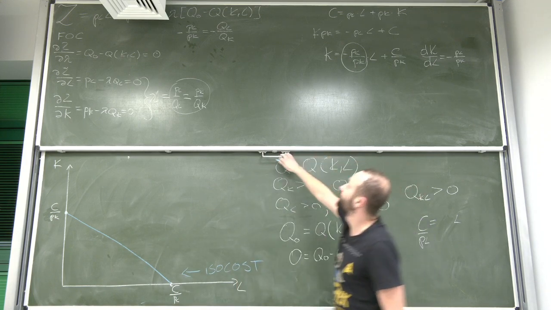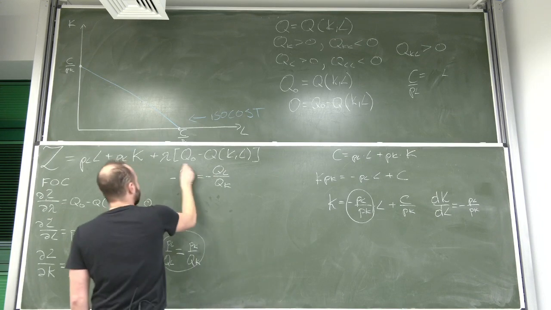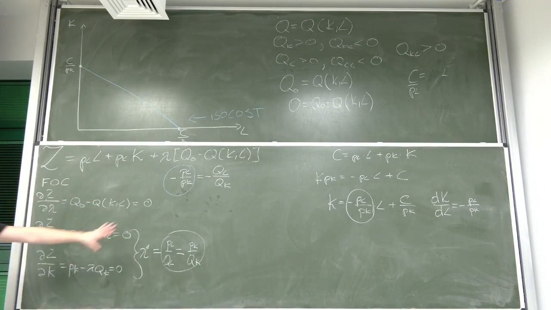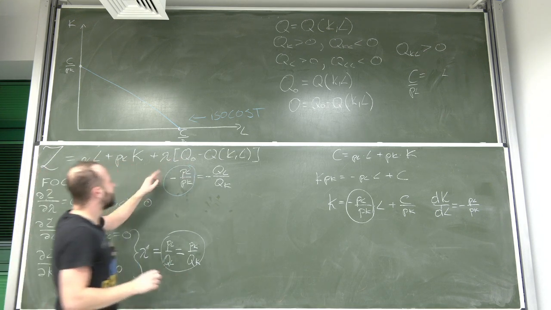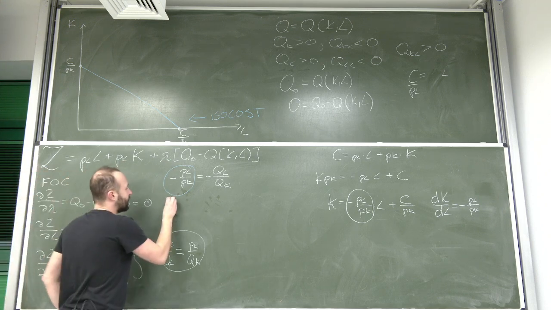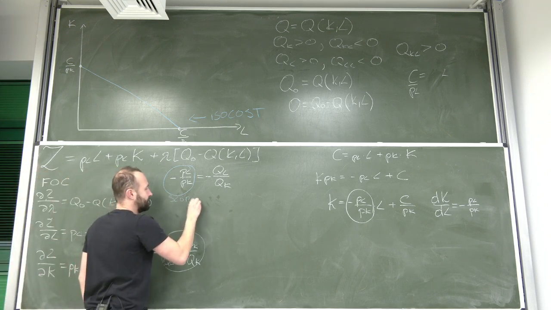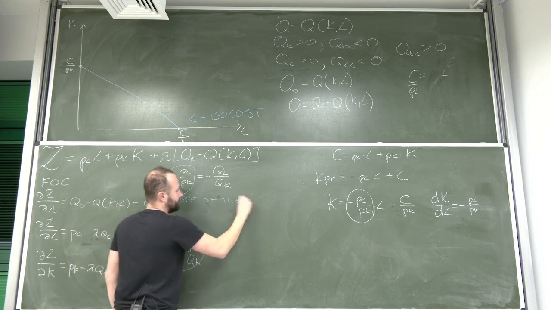And what we see over here, what we got from the equilibrium condition, from the optimum condition, is that the left-hand side of our equation is the slope of the isocost.